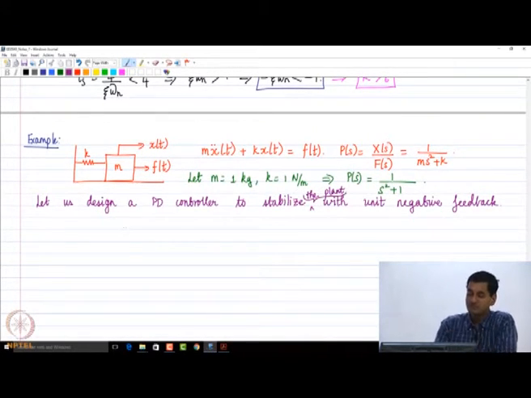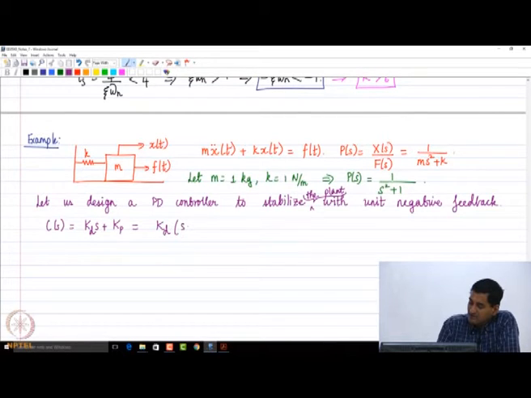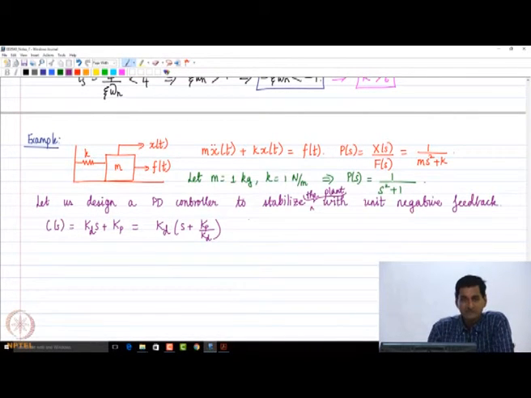So, that means that C of s is going to be equal to K_D s plus K_P. Let us say I pull K_D common out of the term, so I get s plus K_P by K_D.